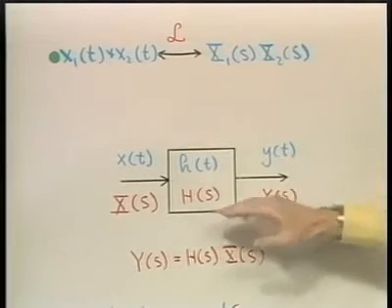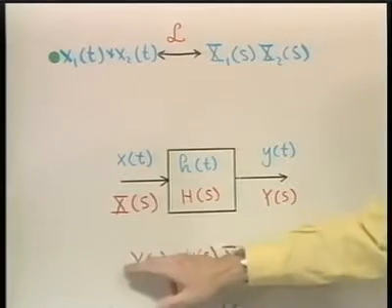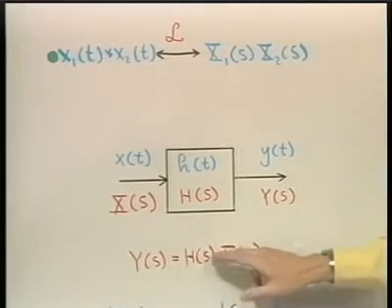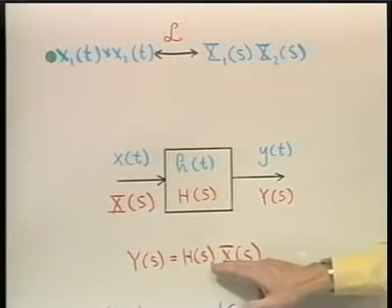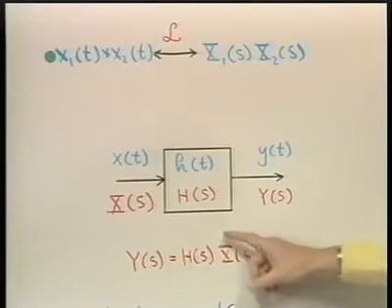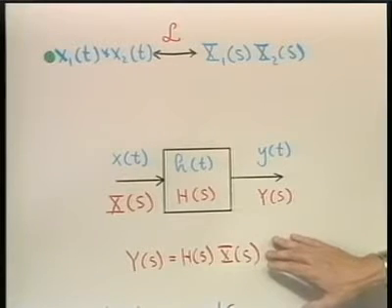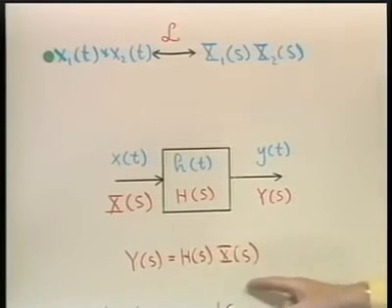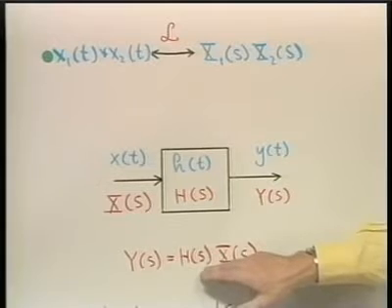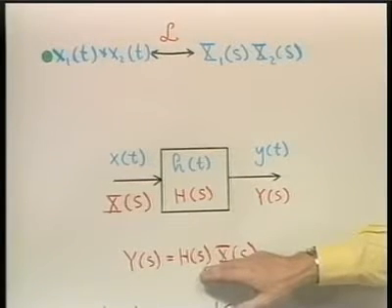In the Laplace transform domain, the Laplace transform of the output is the Laplace transform of the impulse response times the Laplace transform of the input.